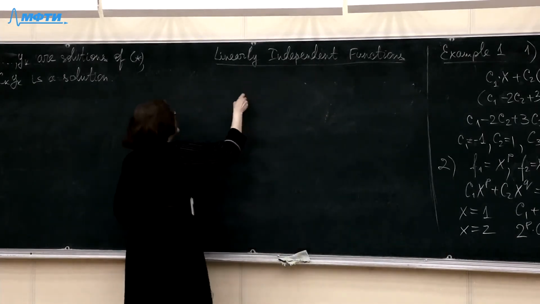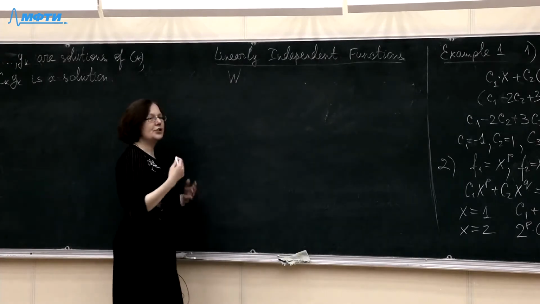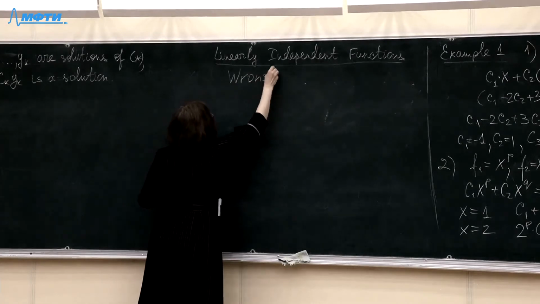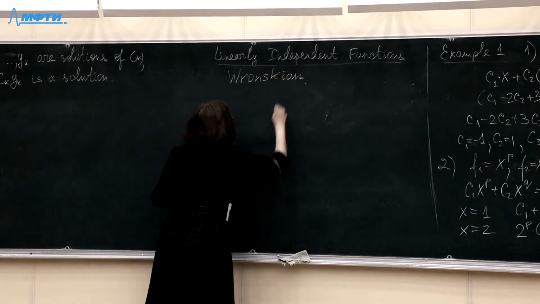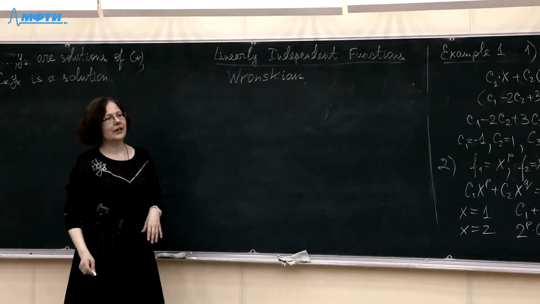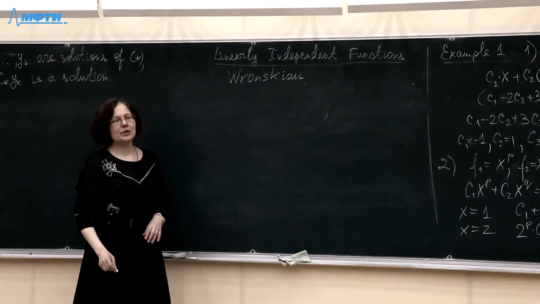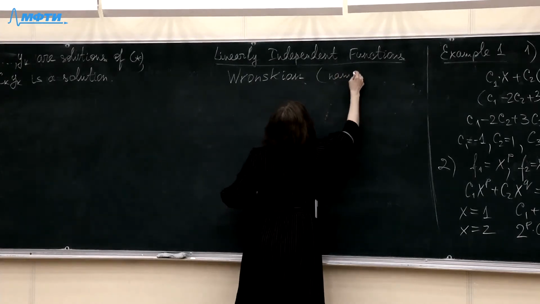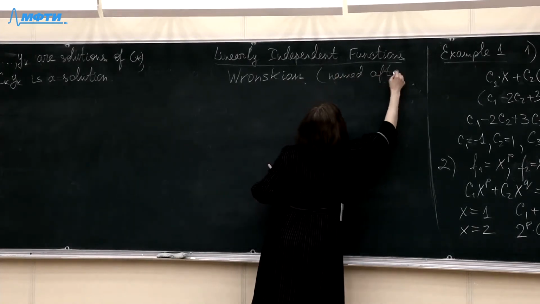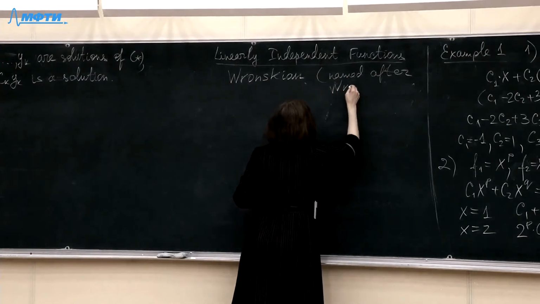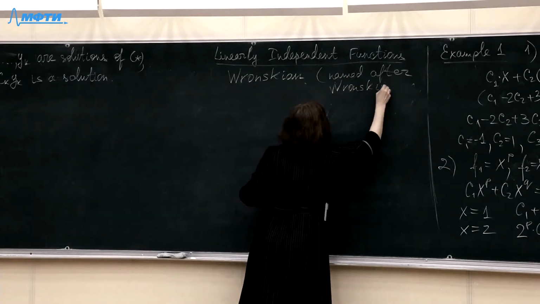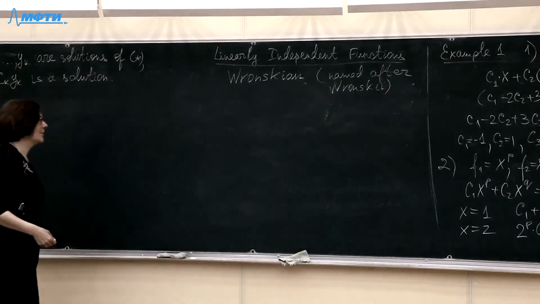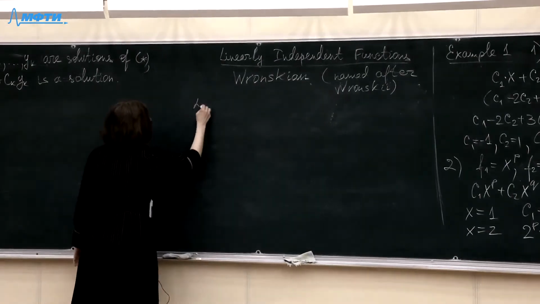First of all, I will introduce some determinant. It is called the Wronskian. It is named after the Polish mathematician Wronski, and the definition is as follows.